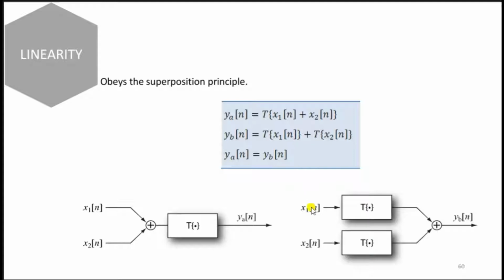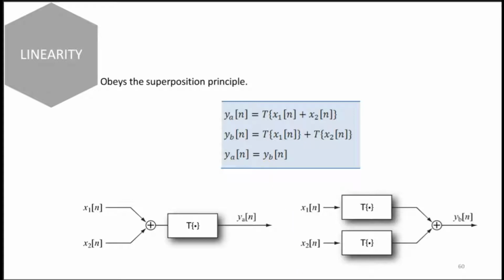So x1[n] goes through one system and into the summing junction, and x2[n], a different signal, goes into the same system, drawn separately, and into a summing junction, giving you yb[n]. If ya[n] equals yb[n], then this system is linear.